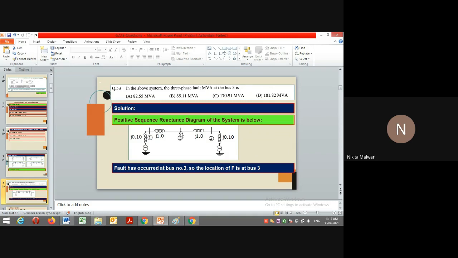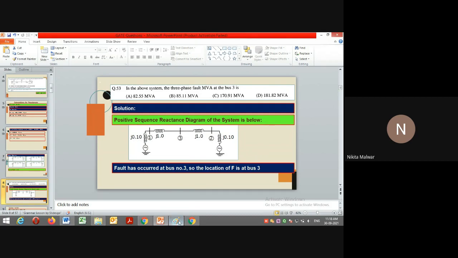From bus 3 you may find part 1 and part 2, that means two sections are present. In the first section, the generator impedance with line impedance is in series. Also, generator 2 impedance with line 2 is in series, and in between them the fault point is present. By considering this fault point in the middle, you may find a parallel connection between line 1 and line 2, or generator 1 and generator 2.